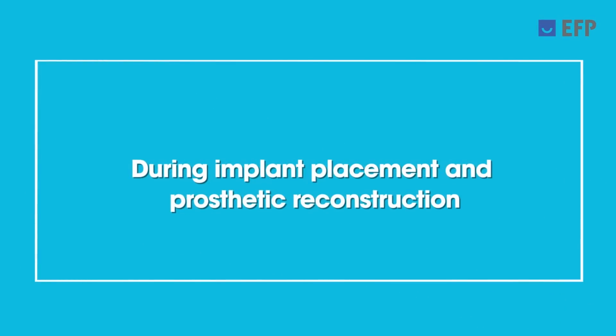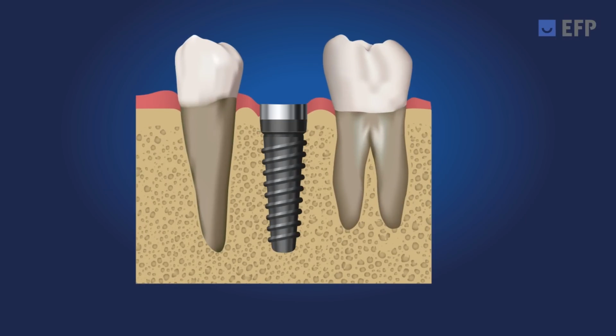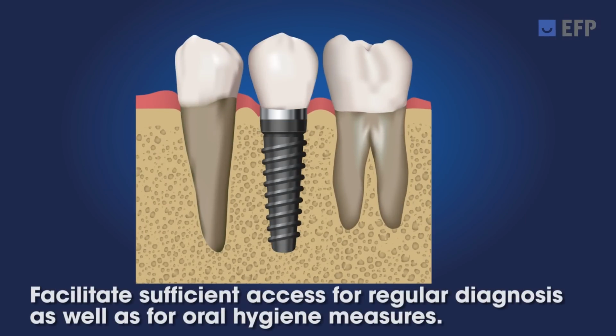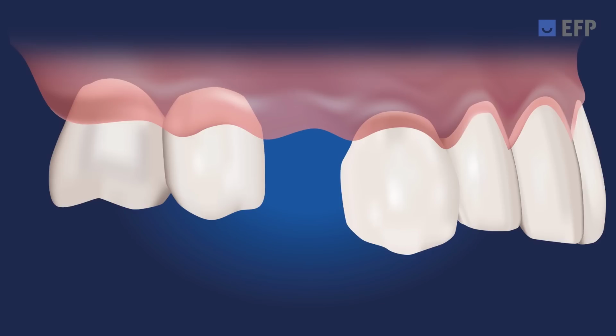During implant placement and prosthetic reconstruction, implant position should be selected, and superstructures should be designed, in a way facilitating sufficient access for regular diagnosis by probing, as well as for personal and professional oral hygiene measures.